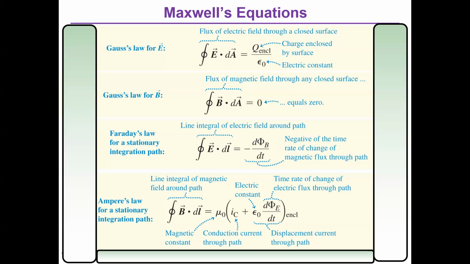And the last equation, which is much more important than any other equation, is called Ampere's law for a stationary integral path. There is a current that we call displacement current, and Maxwell realized it for the first time.